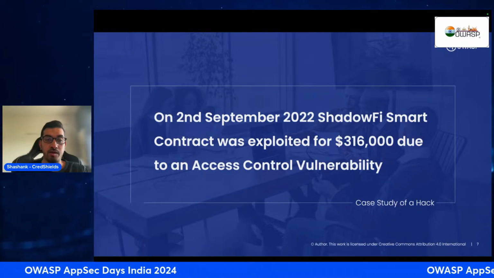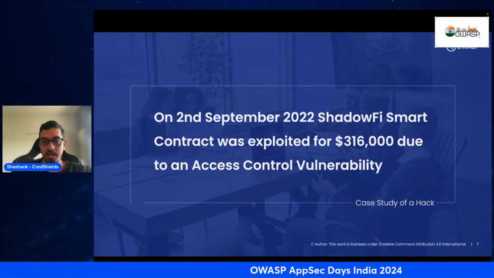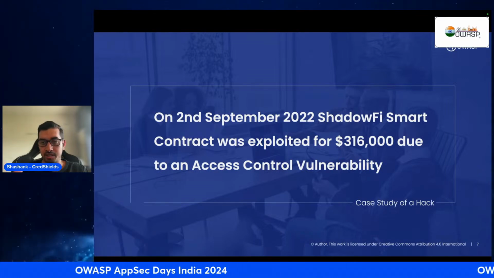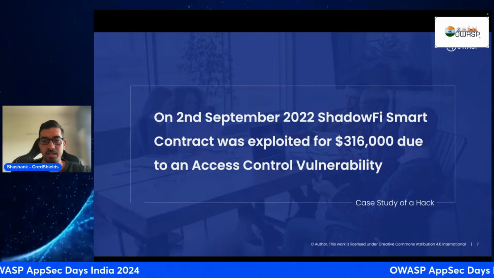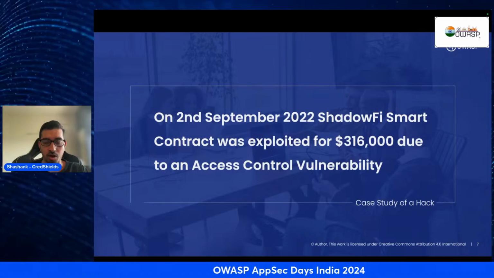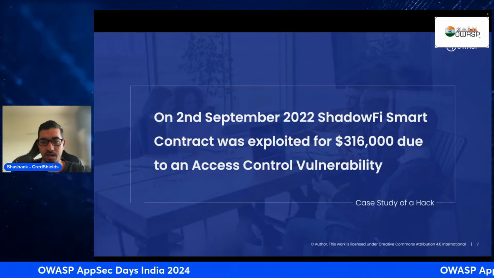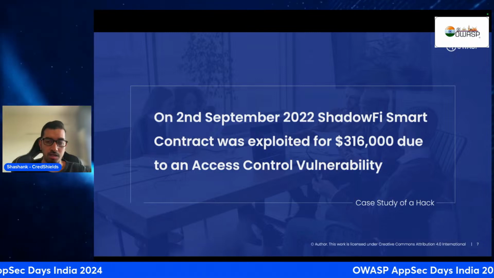But even in Web 2, automation of access control vulnerabilities has been difficult because it relies on business logic, and hence the automation detectors need to have context. Access control vulnerabilities are also present in smart contracts, and that's the reason I'm picking this up as a case study. So we'll start.